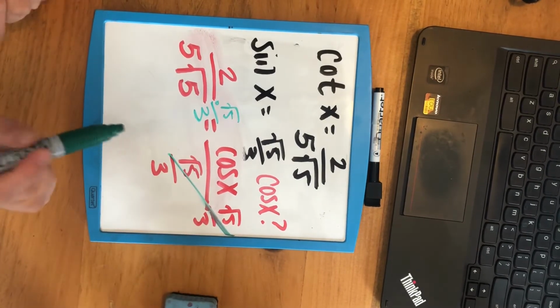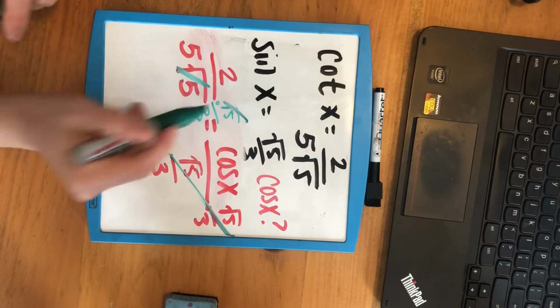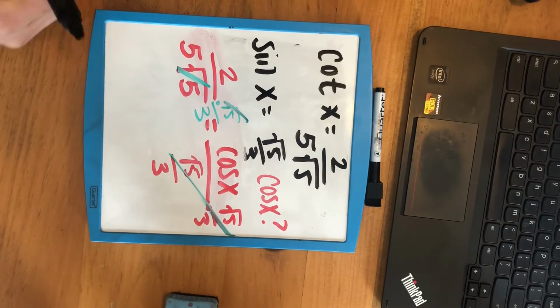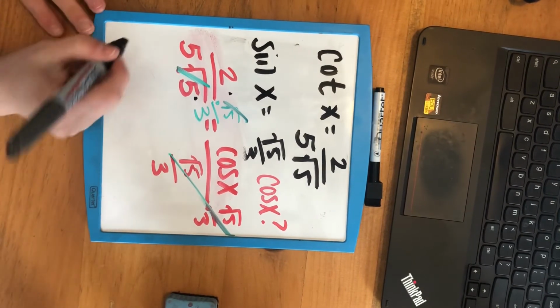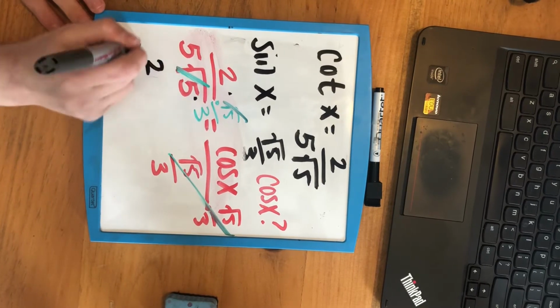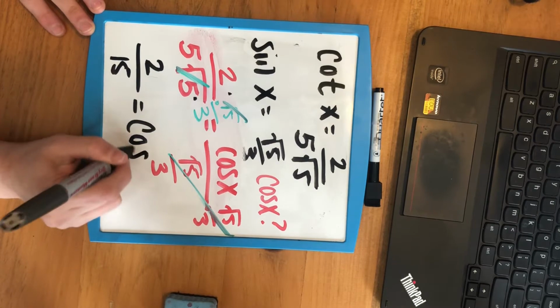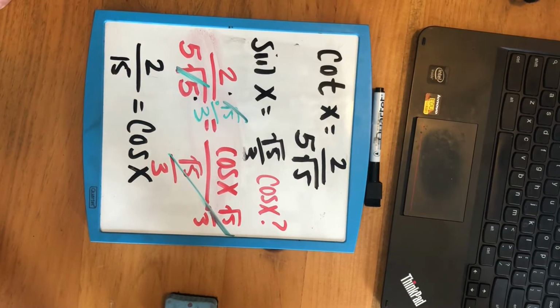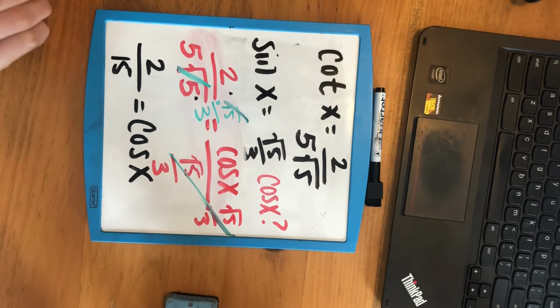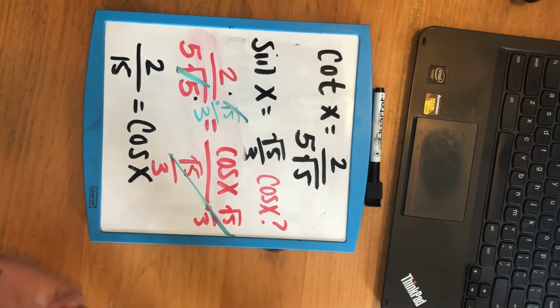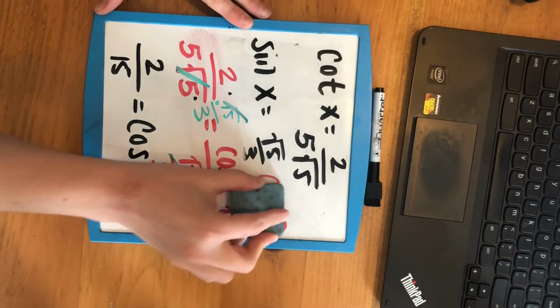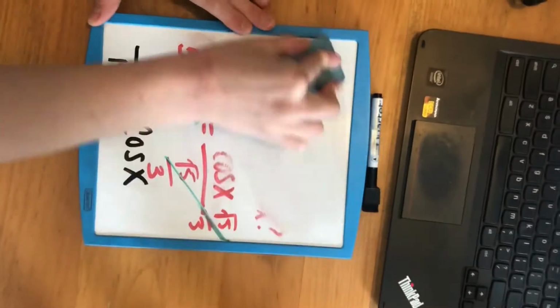That cancels. Square root 5s cancel. And then you just multiply across, and we get 2/15 equals cosine of x. So we're using our identities to evaluate another trigonometric function.